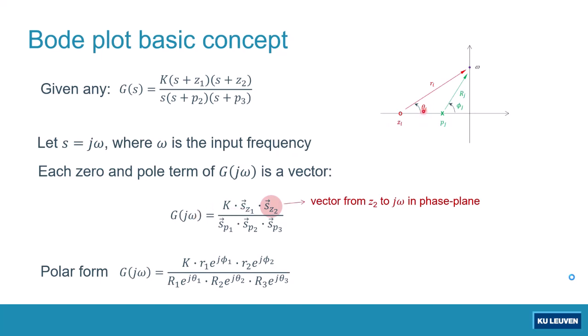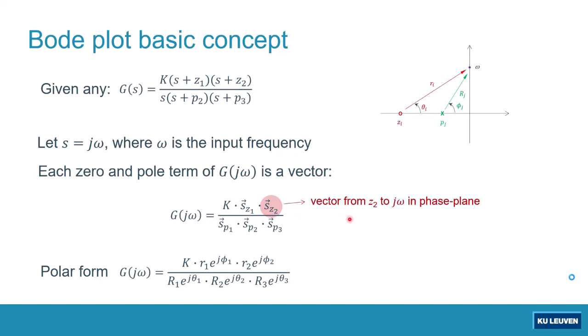So let's say this is Z1, the factor from this zero to that particular frequency, times the factor from zero Z2 to that particular frequency, divided by the factor from pole 1 to that frequency, times the factor from pole 2 to that frequency, times the factor from pole 3 to that frequency.